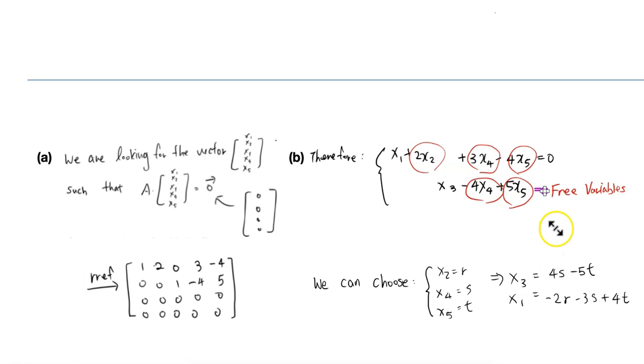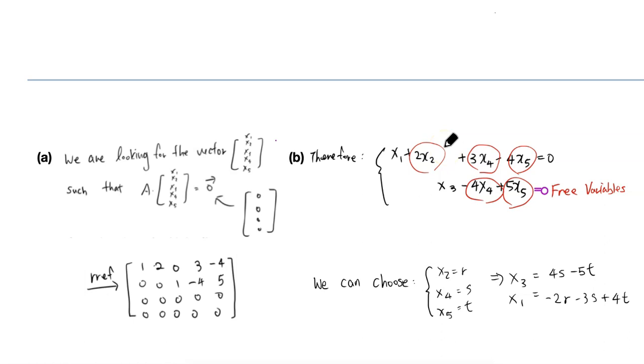So what we realize is that we have a bunch of free variables. We are going to be able to choose whatever we want for x5 and x4, and it'll always be possible to find an x3 such that x3 minus 4x4 plus 5x5 equals 0. And likewise, in the line above, we see that x2 is also a free variable.